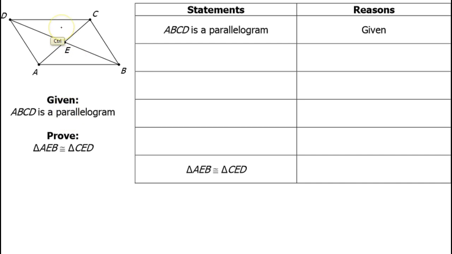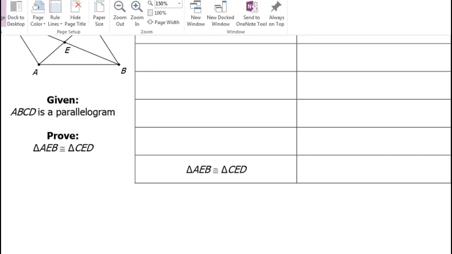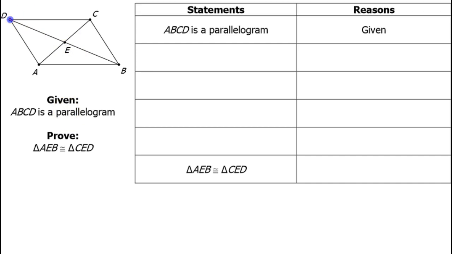But if this is a parallelogram, then that means that, for example, side DC and side AB are parallel. So I could say DC is parallel to AB. All right, and that's just the definition of a parallelogram.